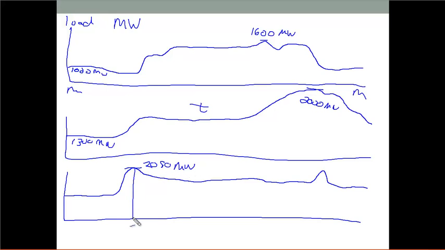So I know that here in Jacksonville where I live, the system peak, the most they ever have to generate, is actually a good bit more than 2,000 megawatts, but for my example, I'm going to say 2,080, right?